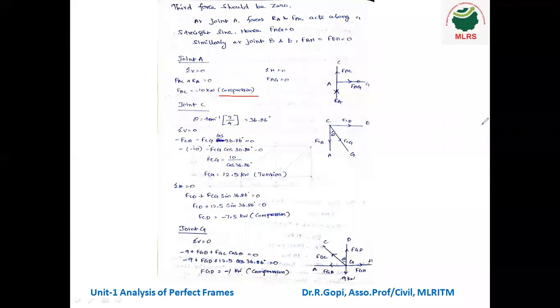Next, summation of H. Summation of H, only the FBH value is there. So FBH equal to 0, because on the opposite side there is no reaction and there are no members, so obviously it is 0.